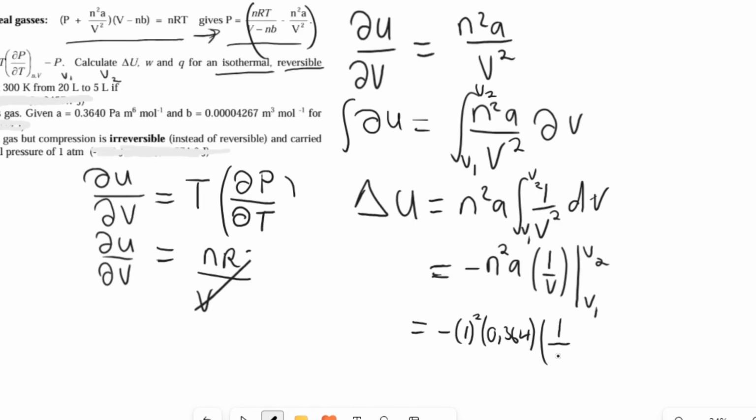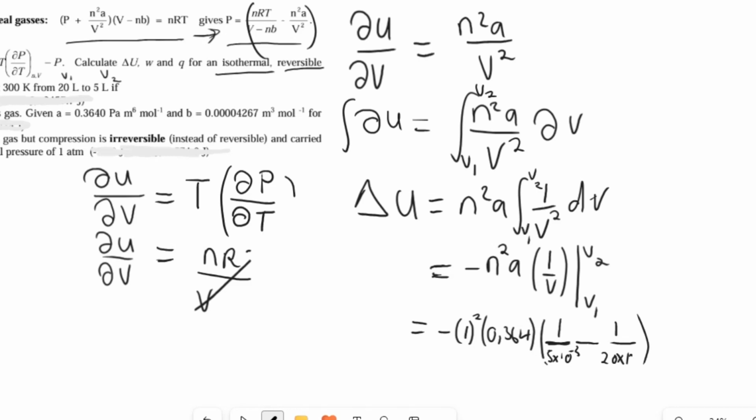Now, because we are going to say 1 over V minus another 1 over V, it's very important for us to convert them, because now they are not in front of the line where they were cancelling the units and the conversions. Now we must put them here as 5. The final volume V2 is 5 multiplied by 10 to the power minus 3, and then you have 20 times 10 to the power minus 3.